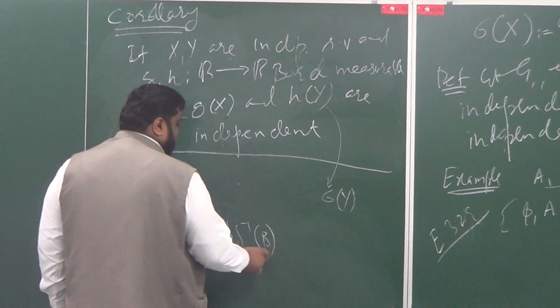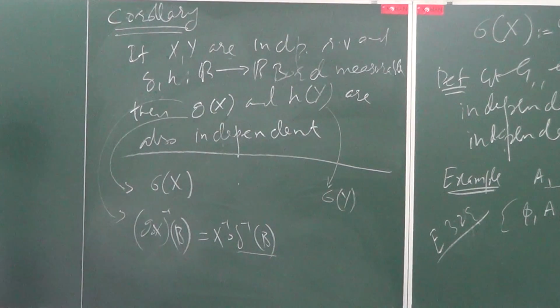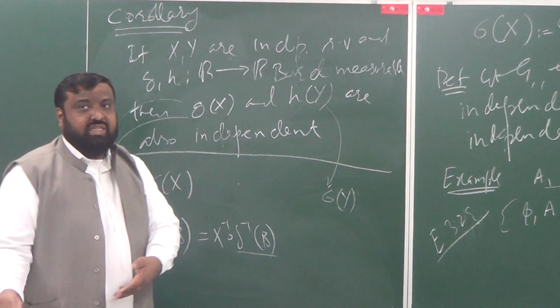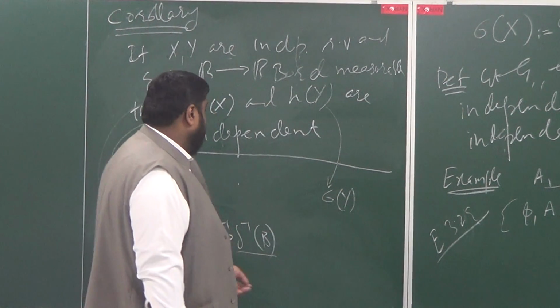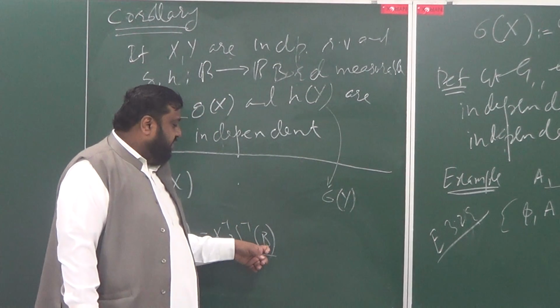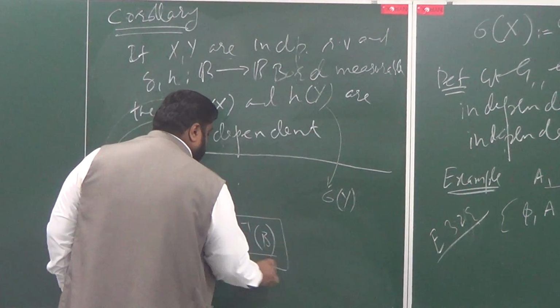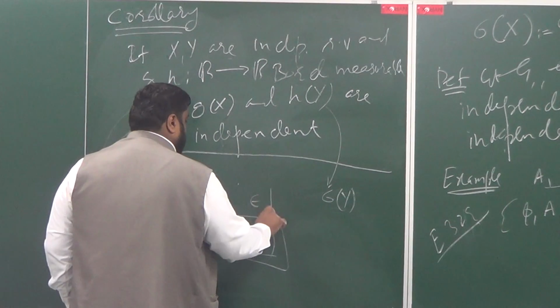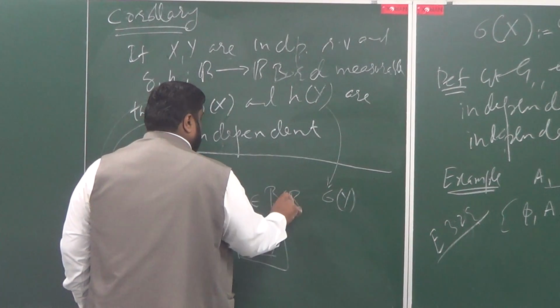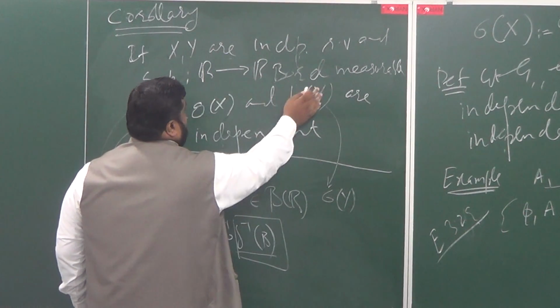Now since this is measurable, what's going to happen? It's a Borel set. So a Borel map is what? It's mapping the Borel sets onto Borel sets. In other words, if B is a Borel set, then g inverse of B, being a Borel set, belongs to the Borel sigma-algebra because g is a Borel measurable map.